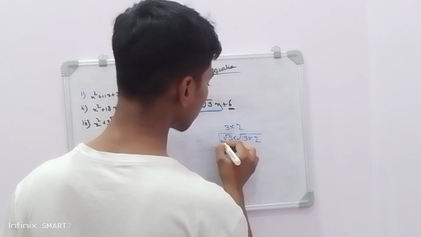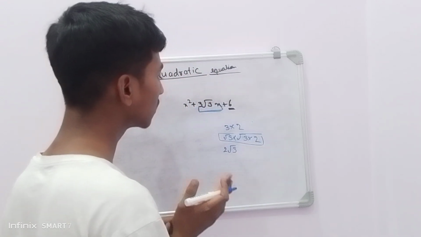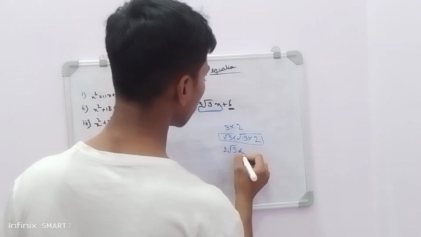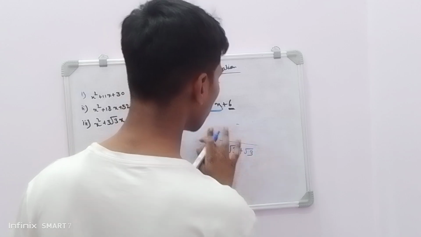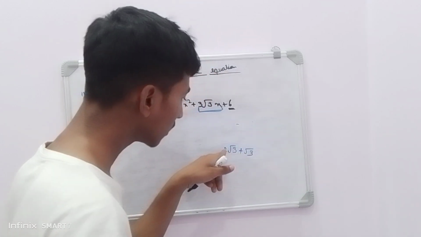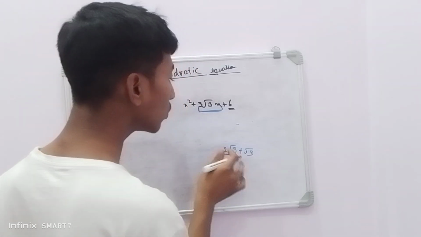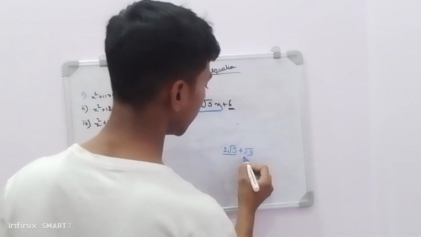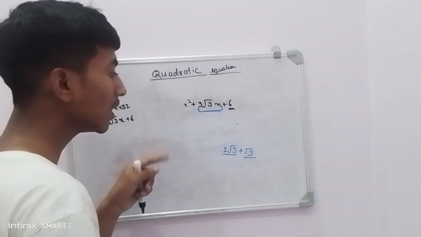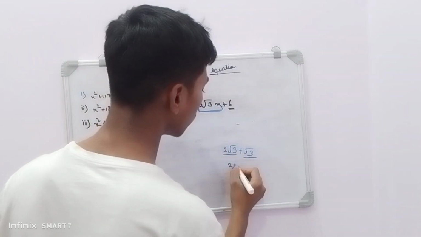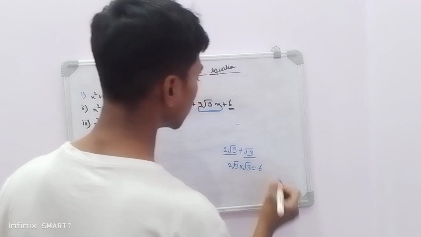So as you have split this, you get into the mind that if you use the numbers like 2 root 3 plus root 3, then the sum of these numbers can be root 3 plus x, because here we have 2 root 3 and here we have 1 root 3, and the sum of these numbers is 3 root 3 that we need, and the product of 2 root 3 and root 3 is equal to 6 that we need.